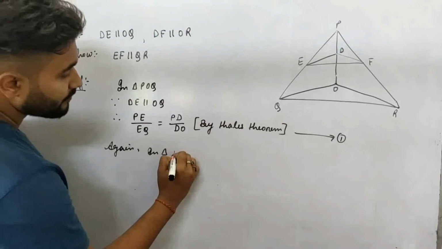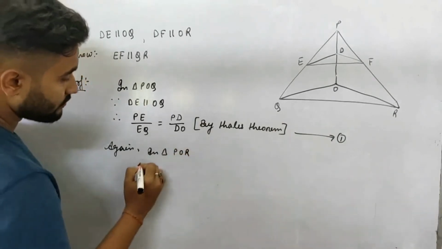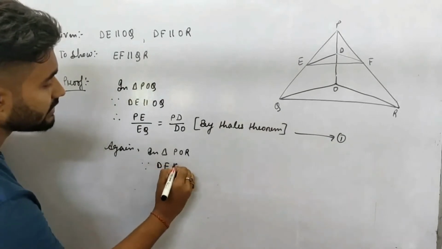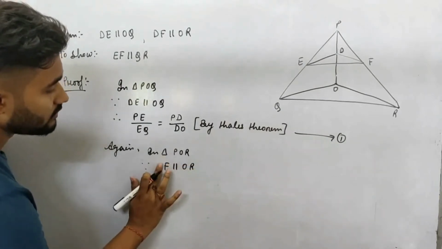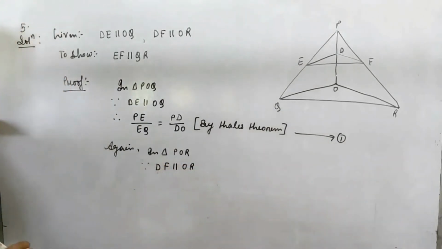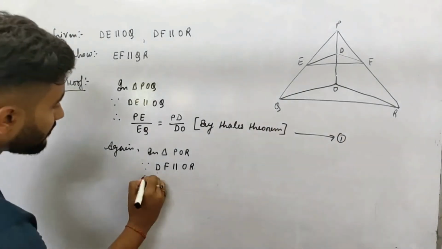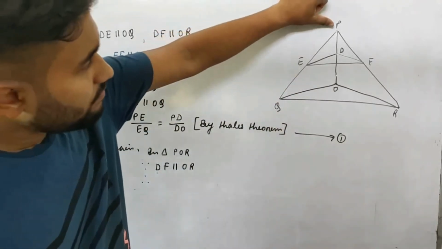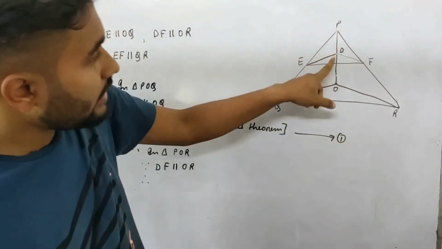In triangle POR, since DF is parallel to OR, therefore by Thales theorem what will we get? Again PDF, right? Where is the intersecting point?